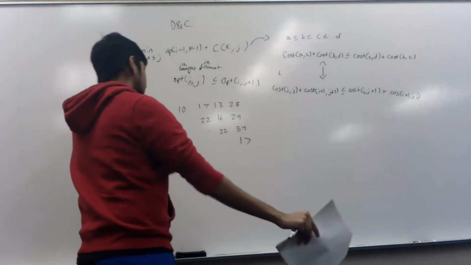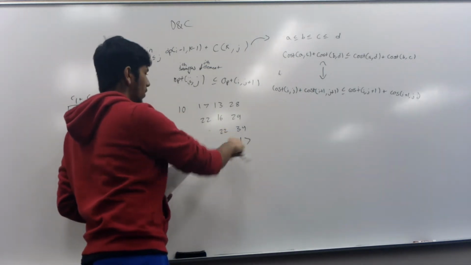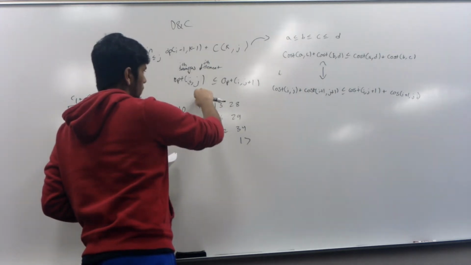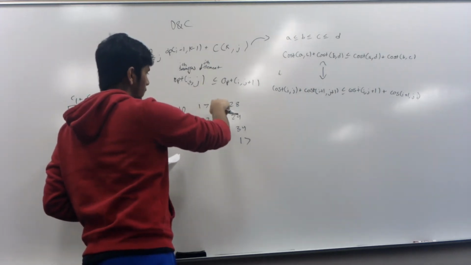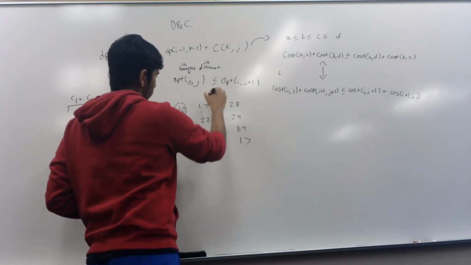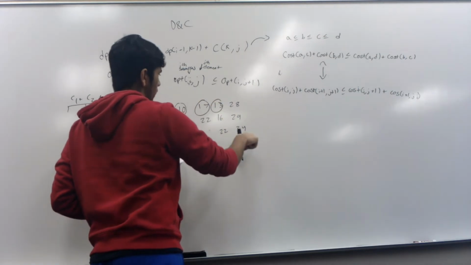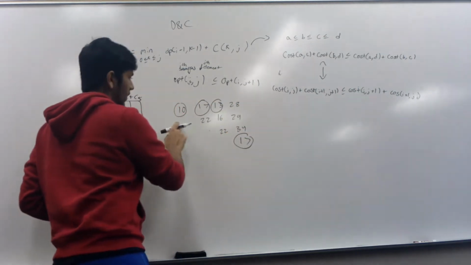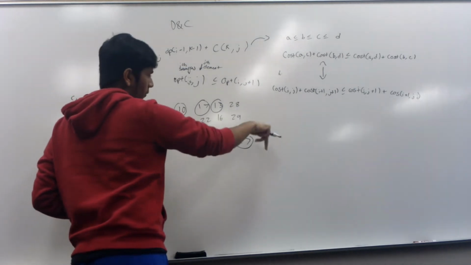And it turns out when you go through each column and find the topmost row with the minimum value and circle them, 10, 17, 13, 17, every time you go right, you also go down, right?